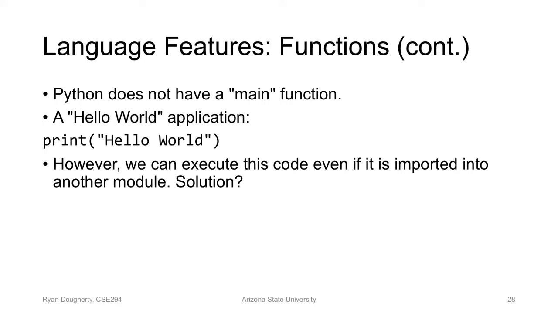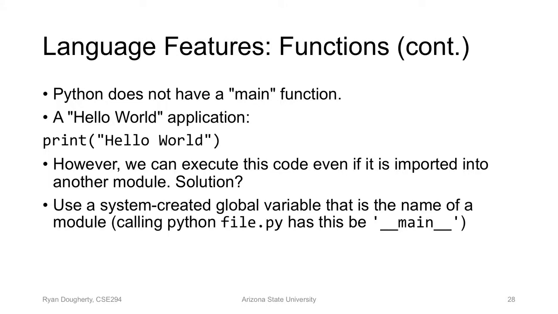It doesn't seem really clear how to determine when we're called from the Python 3 interpreter versus being imported from another file. So what you do is you use what is called a system-created global variable. And they're usually called dunder, which means double under. So any word that has two underscores on both sides of the word usually means something important in Python.